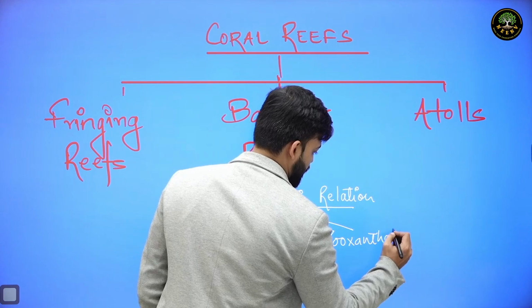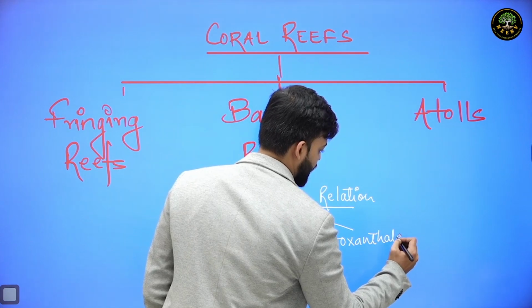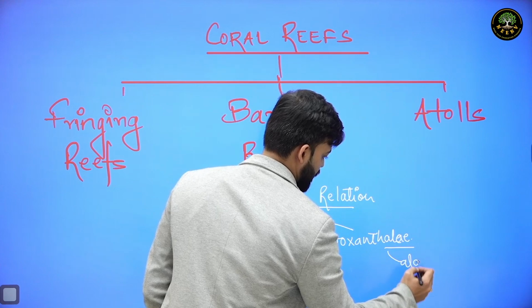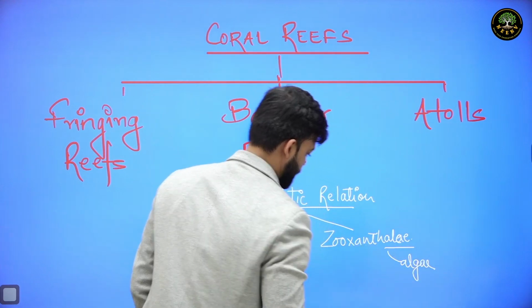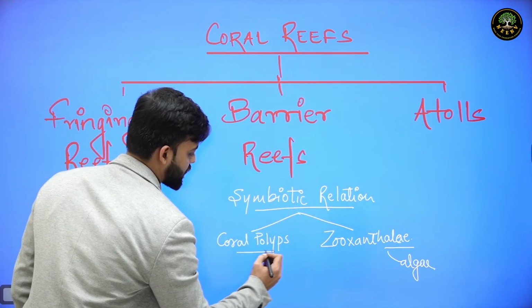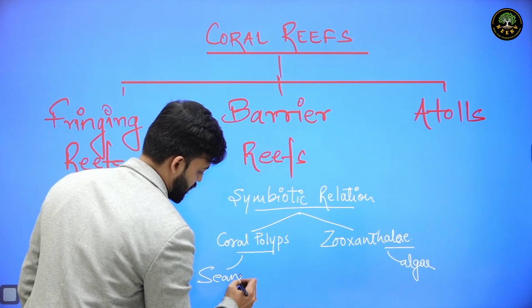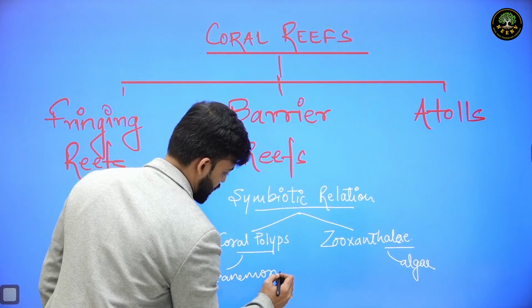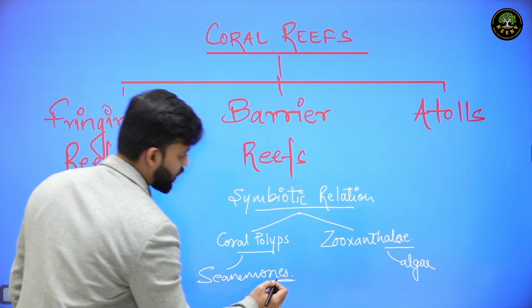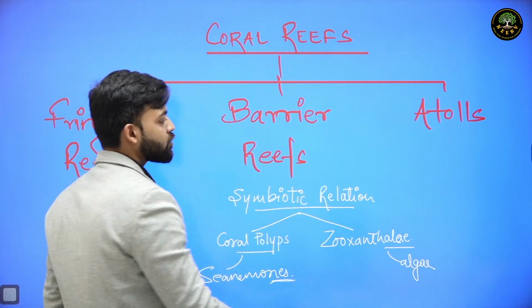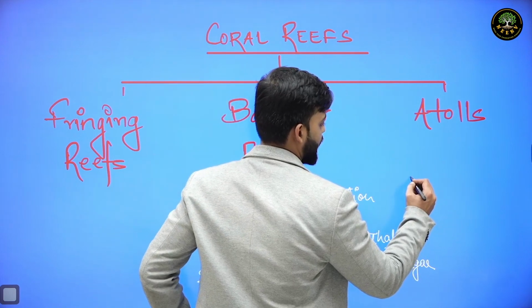Zooxanthellae is an algae and coral polyps are sea anemones. So the symbiotic relationship between coral polyps and zooxanthellae leads to the formation of coral reefs.